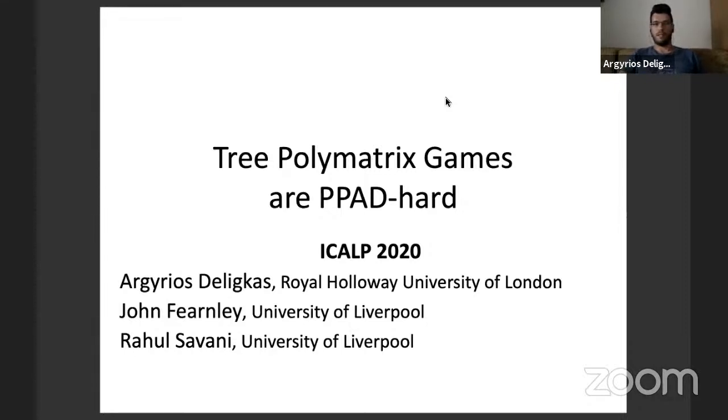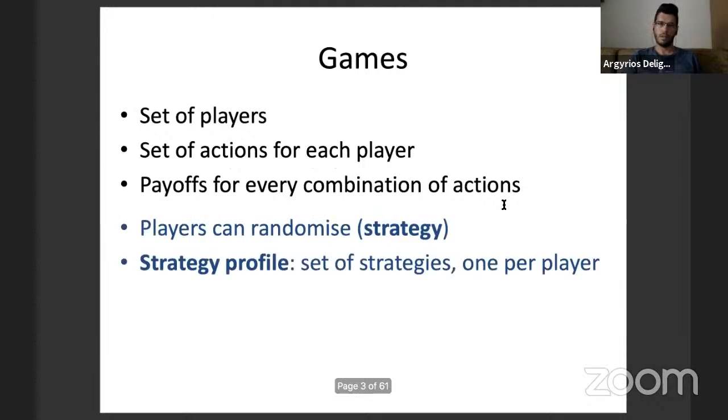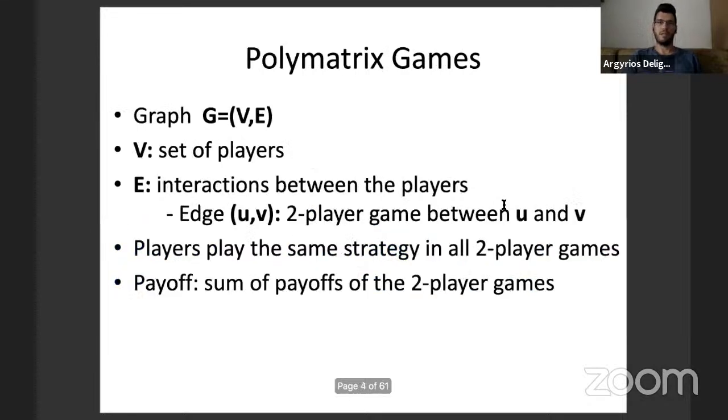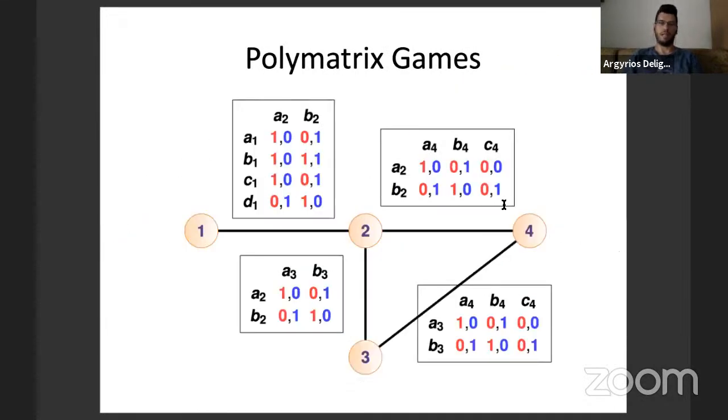Since I assume that the majority of the participants here know what a game is, I can go directly to the actual game. A polymatrix game is defined over a graph where every vertex corresponds to a player and each edge denotes a 2-player game played between these 2 players.